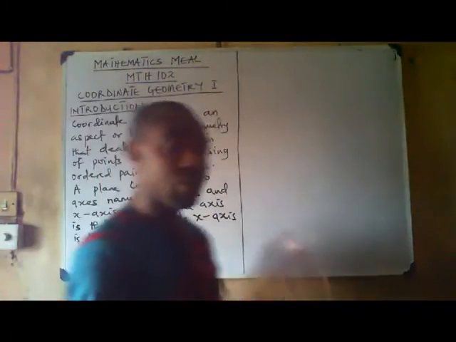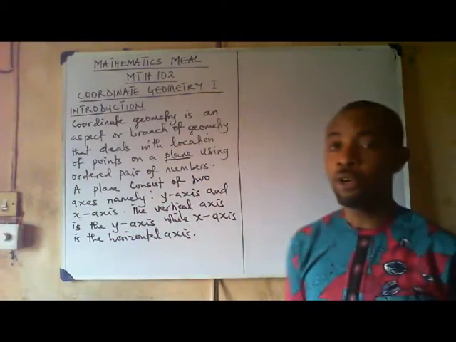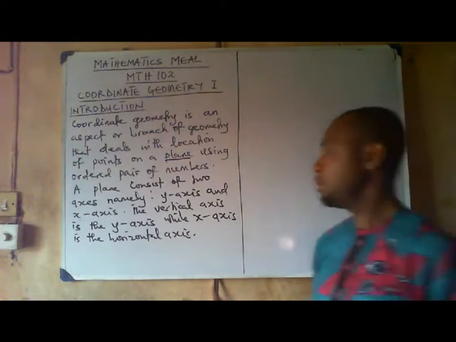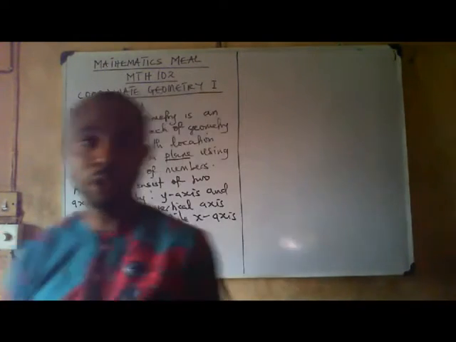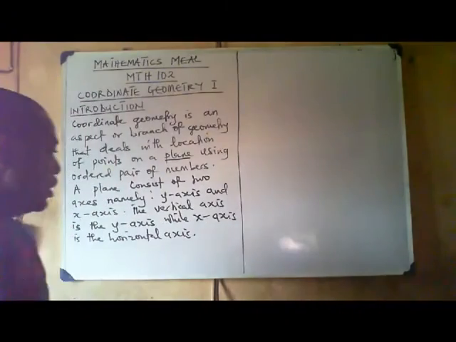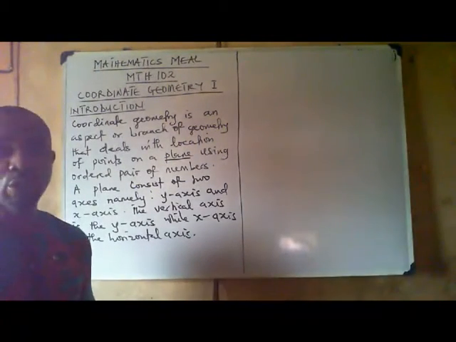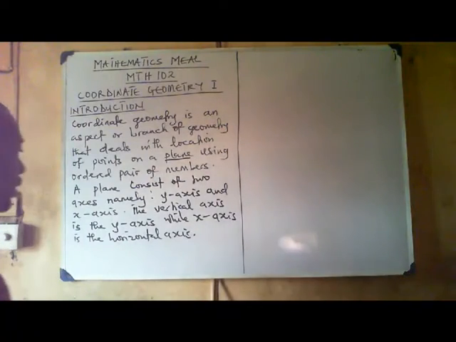The y-axis is the vertical axis, while the horizontal axis is the x-axis. Now these two axes meet at the origin. So the point of intersection of these two axes is the what? The origin of the plane.